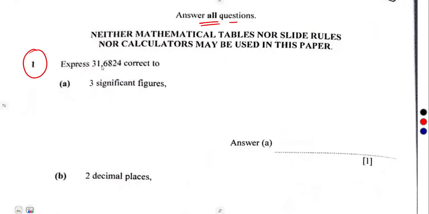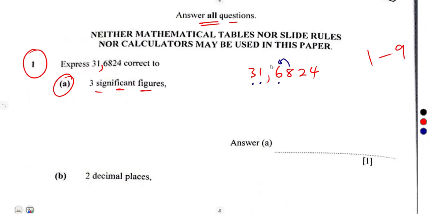Question 1: express 31,6824 correct to three significant figures. These are important numbers, considering 1 to 9. 0 is taken as part of the significant figures if it is between the whole numbers. So here we're talking about 1, 2, 3. So this 8 is going to round off.